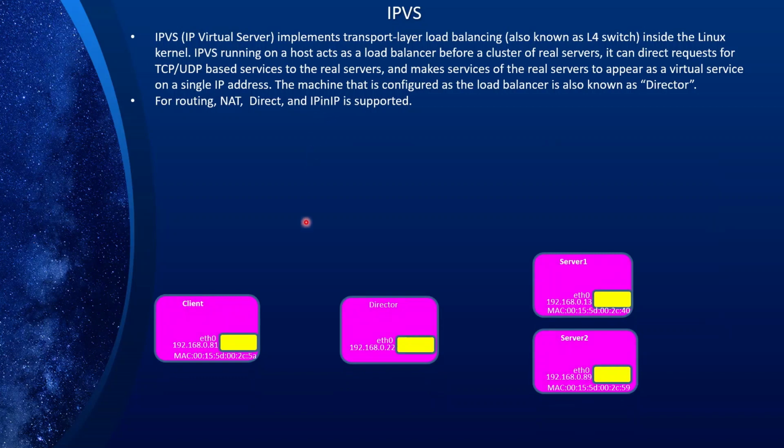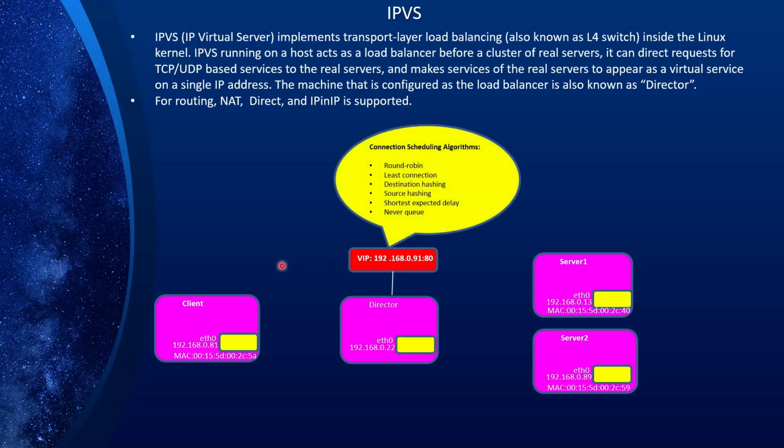So let's take a look at how this actually works. As mentioned, the director or load balancer sits between the client and the servers. The first thing we need to do is define a virtual IP and port number, either TCP or UDP, that clients can bind to. We also need to specify what kind of scheduling algorithm we use.